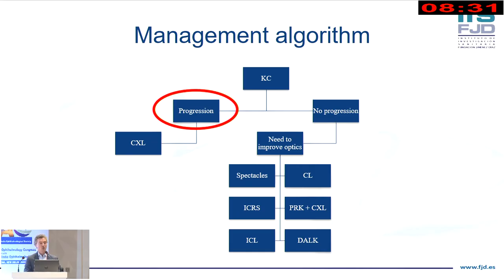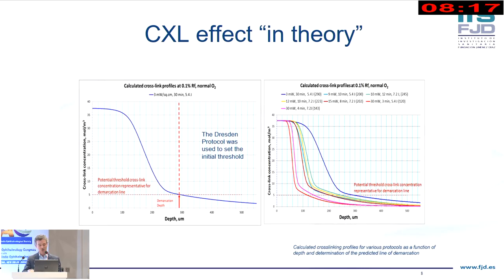Then, in my opinion, we have to decide if the keratoconus is progressing or not. I haven't entered in this talk the debate of how we should define progression, but we can discuss it later if you want. In theory, we know that the longer the crosslink, the more oxygen and the more cross-linking effect you will have.